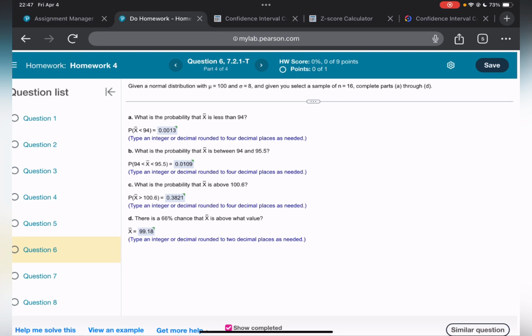What's the probability that the mean is less than 94? All right. To find the probability, as you know, we need the z-score first. So let's find our z-score.